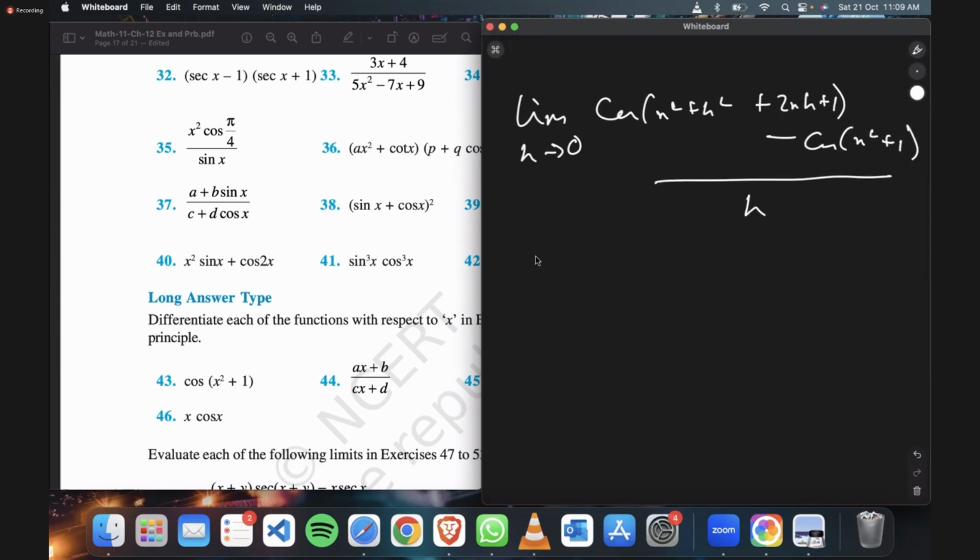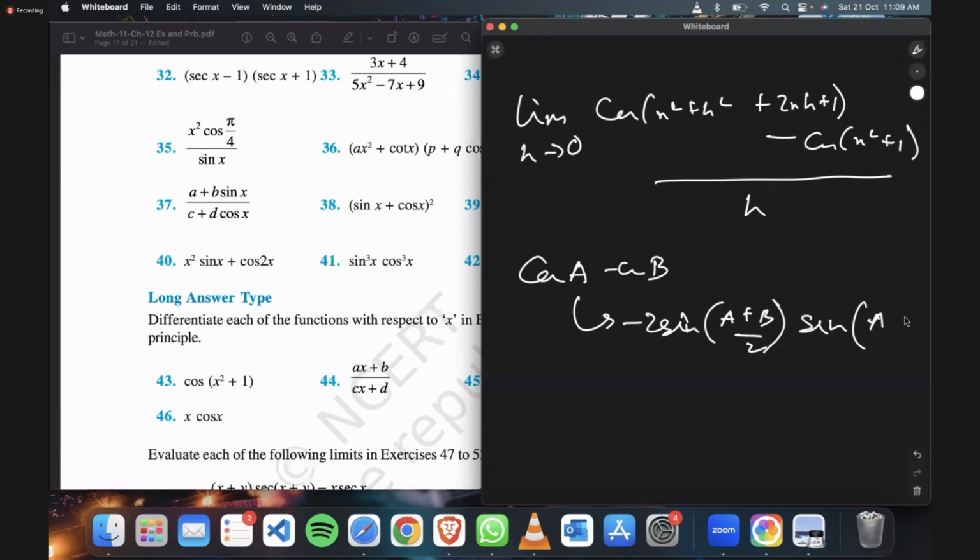Tell me what is cos a minus cos b? This is minus 2 times sin((a plus b) by 2) multiplied with the sine of (a minus b) by 2. Alright. Just compare a and b with the following. Okay, let me solve this.